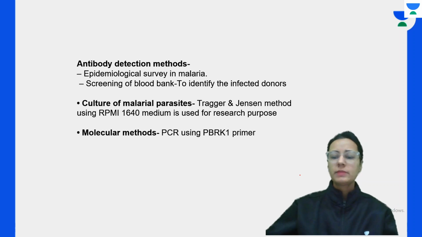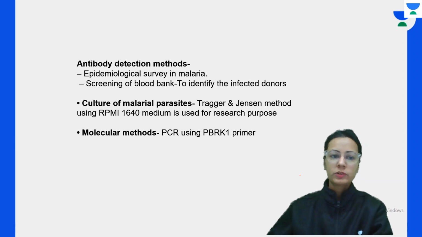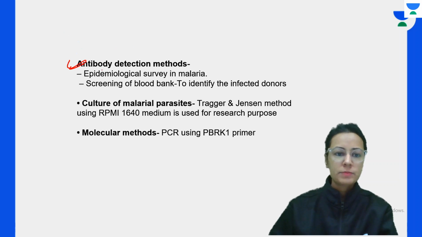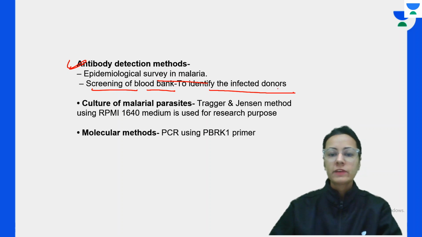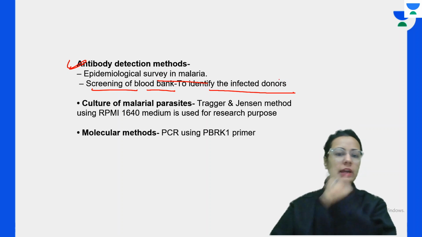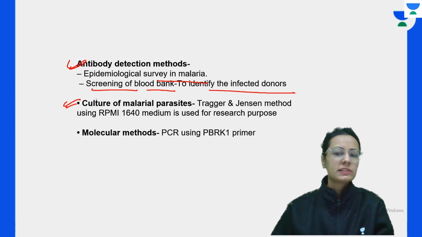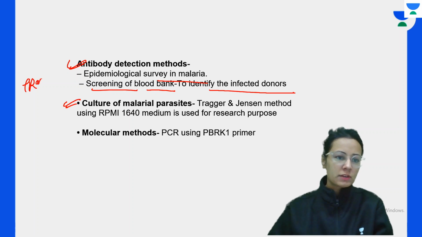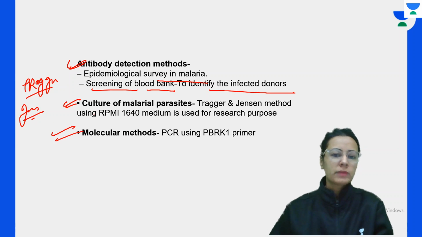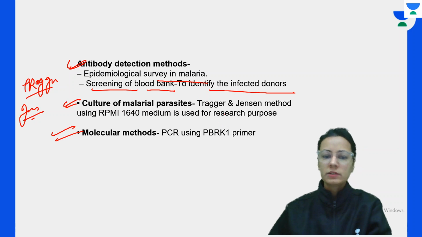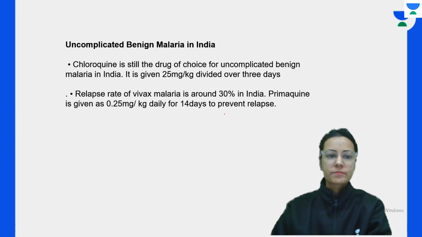Now, the next method that we use is the antibody detection test. That is used in epidemiological surveys in India and in the screening of blood banks to identify the infected donors. Next is the culture of the malaria parasite, where we use the Trager and Jensen's method, and molecular methods, that is PCR using the PPRK1 primer.